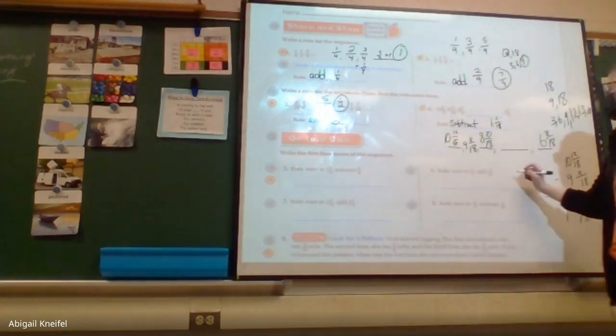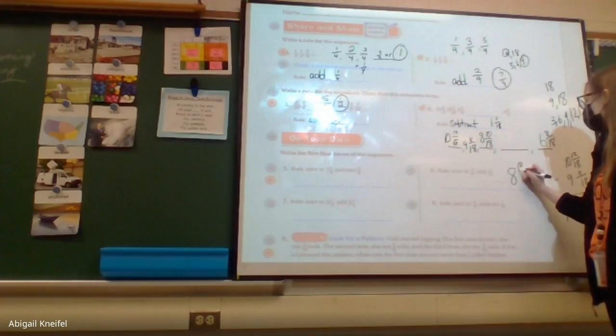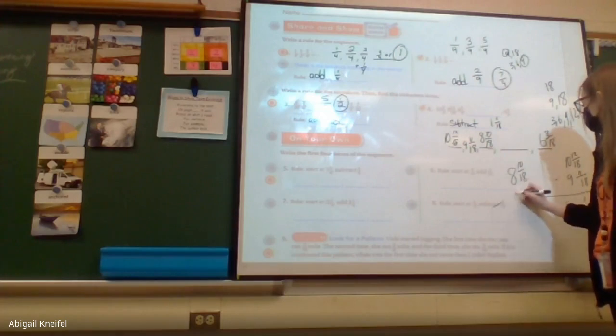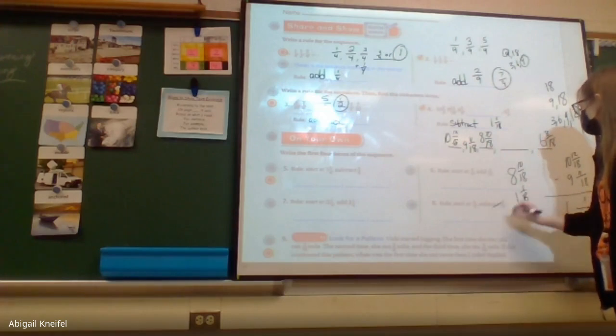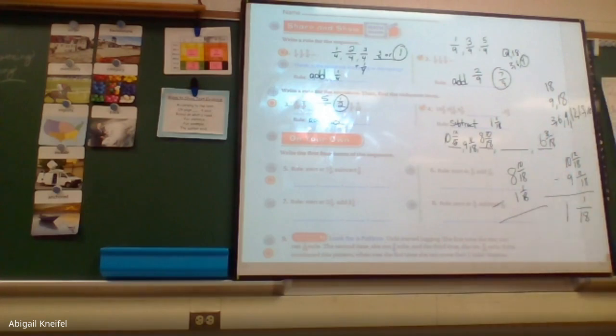So now to find my missing term, I'm going to take 8 and 10/18, and subtract 1 and 1/18. 10 minus 1 is 9. 9 over 18, and 8 minus 1 is 7. And 9 over 18 is a half, so I'm going to circle that for later. You can see 10, 9, 8, 7, 6.